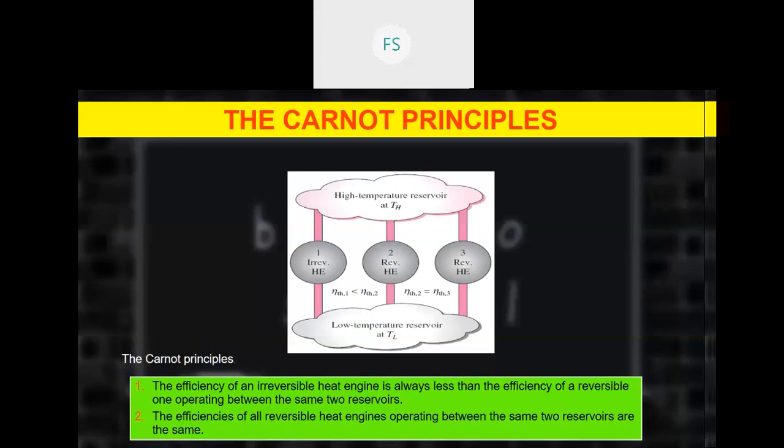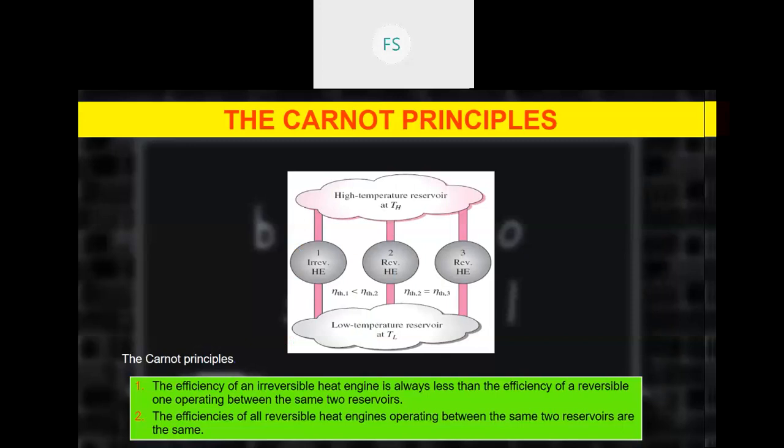And the second principle: the efficiency of all reversible heat engines, the ideal ones operating between the same two reservoirs, are the same. Both principles are shown in the figure.